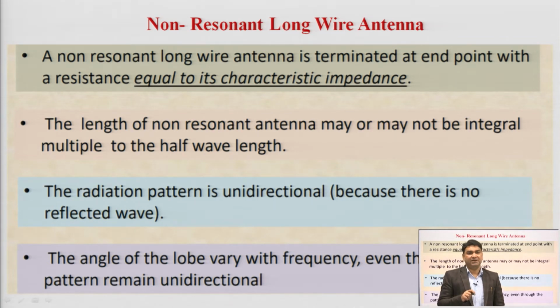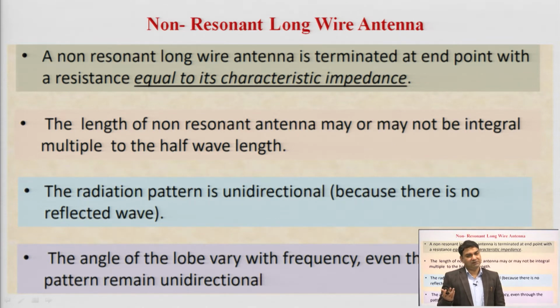And simply when it is terminated at one end, the backward waves are not generated, and when only the incoming waves in one direction are generated from one end, then the standing waves are not present, and so the radiation pattern is only unidirectional.